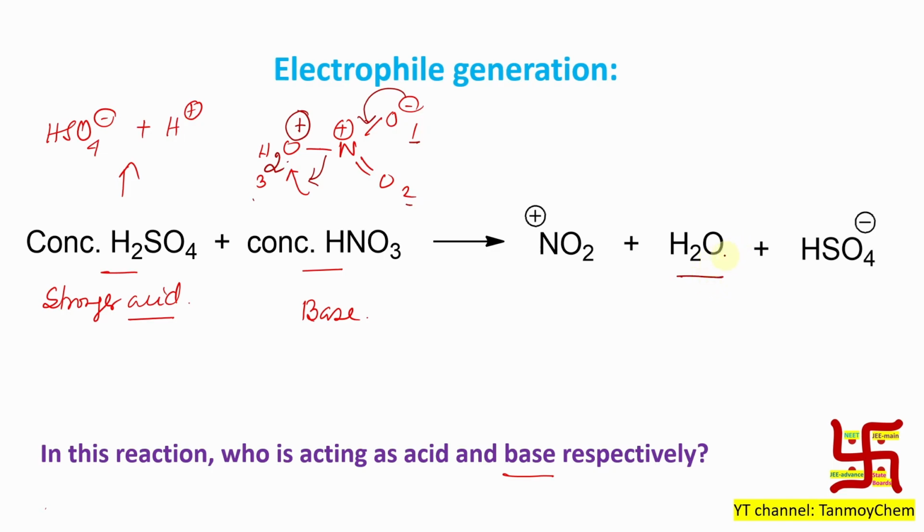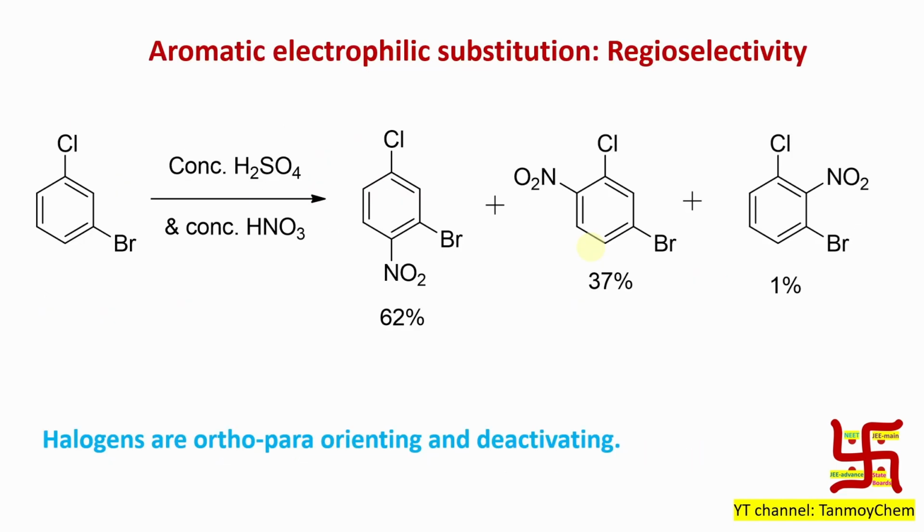In this case water is a more stable species compared to the protonated species here. So water will be produced, and in this context it will produce NO2+. This NO2+ is the electrophile and the nitrogen center is electron deficient. So that's why it will participate in aromatic electrophilic substitution in the next step.